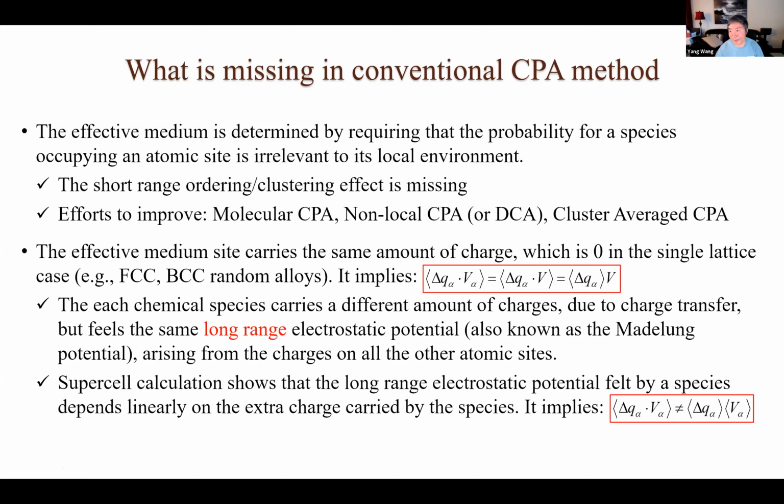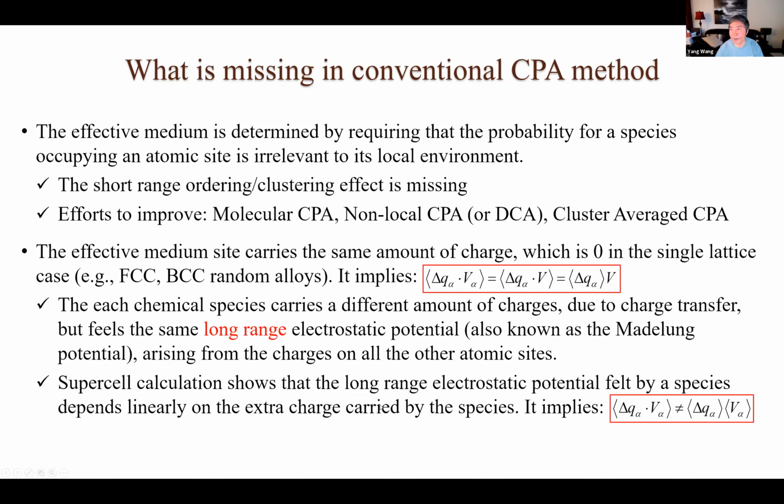So it's totally different from what CPA is telling you. That is, these are not equal to one another. So this is in conflict with the CPA picture. The supercell calculation shows this result.